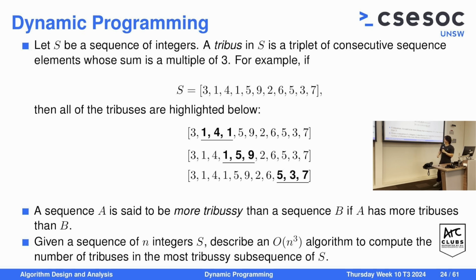And with DP, there are two things that affect the time complexity of the algorithm. One is the number of parameters, and two is the time complexity of the recurrence. So if I have something that's n cubed, it's possible that I have a 3-parameter DP where my recurrence is constant.